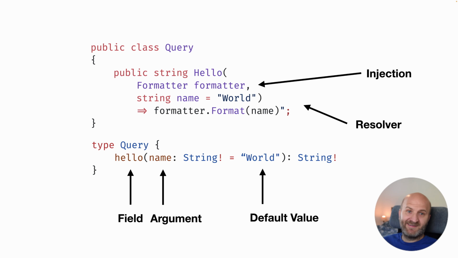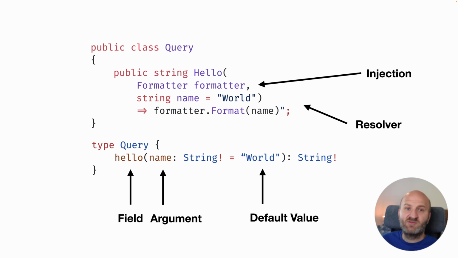But there are special things, like we could also have a formatter here without an attribute, and still the resolver compiler could know that this is actually a service and we have to inject it. And this is handled by something we call the parameter expression builders that inspect the parameters of a resolver and then decide if this is actually an argument value or if it's something special.